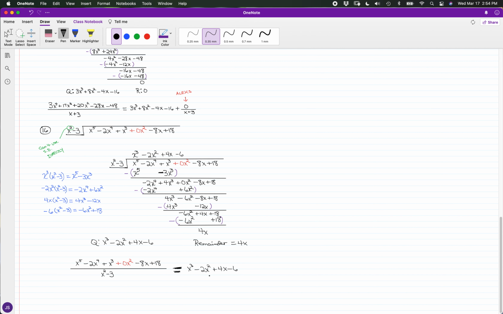So you have x cubed minus 2x squared plus 4x minus 6, and this will be plus 4x, and we have all over x squared minus 3.